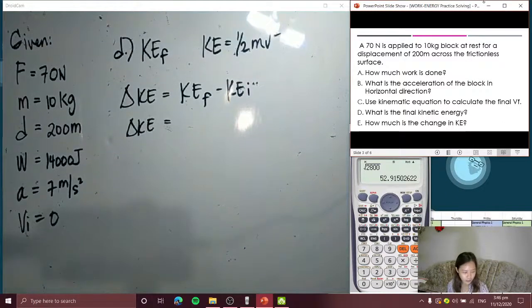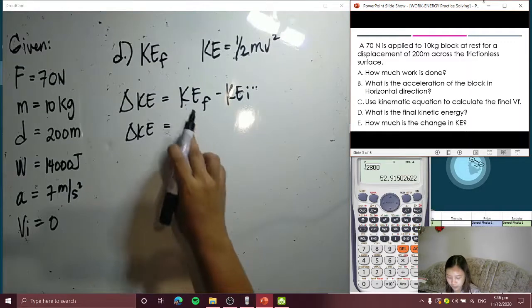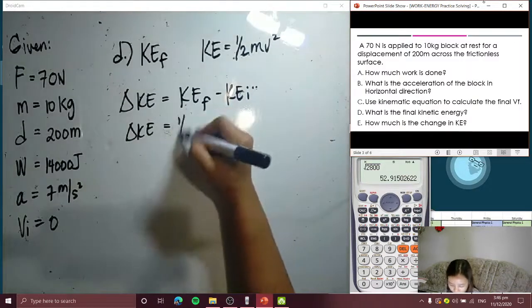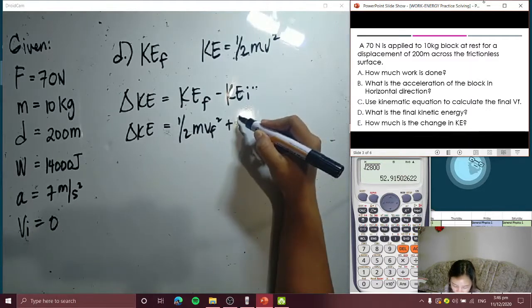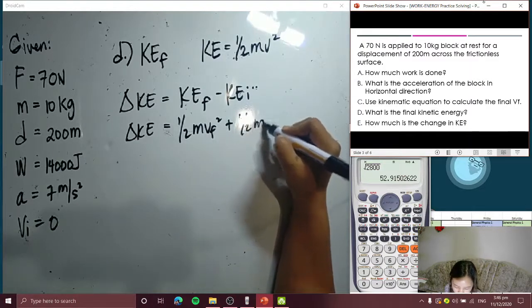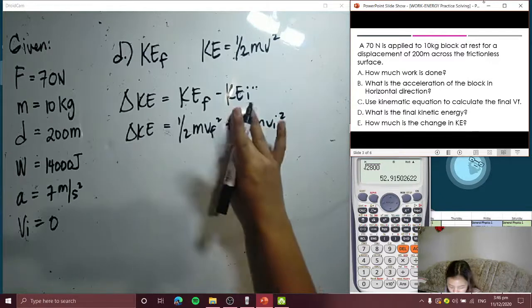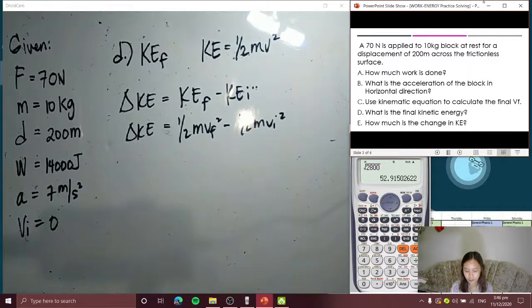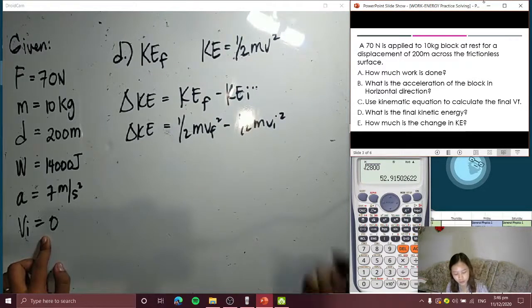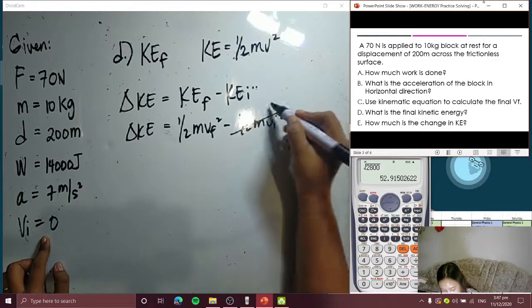So in this case, KE final, if we expand it, we can have 1/2 mvf squared minus 1/2 mvi squared. Sorry, it's minus. Okay. Now, take note that our initial velocity is 0, meaning KE initial cancels.